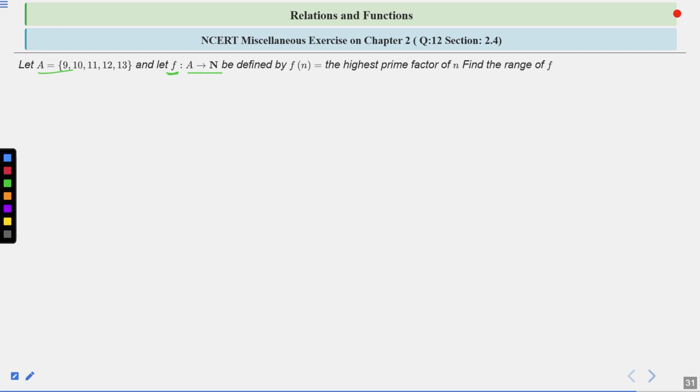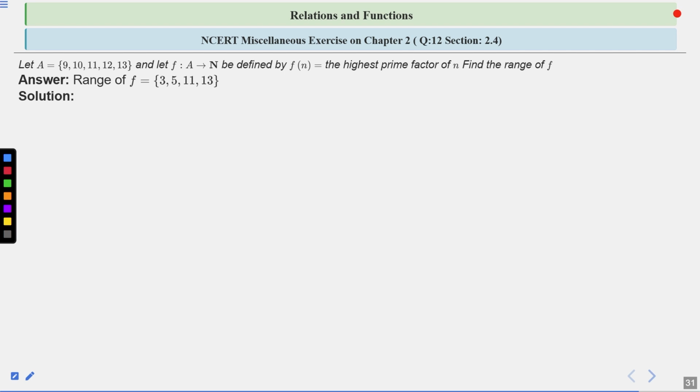Yes, this is a relation and we know that we can easily find the range of any relation. Clear? So, F defined by F(n) equals the highest prime factor of the number n, n coming from the set A. Clear? Now find the range. Range is quite simple, just the collection of all outputs. So 3, 5, 11, 13.